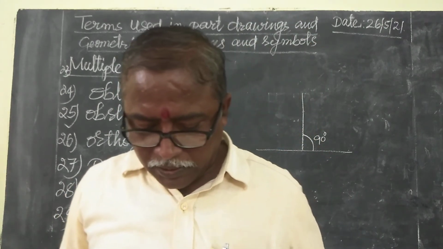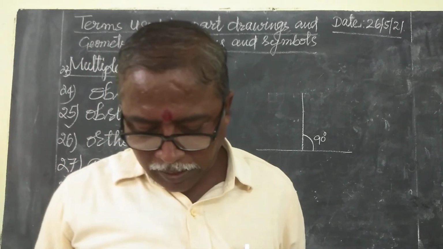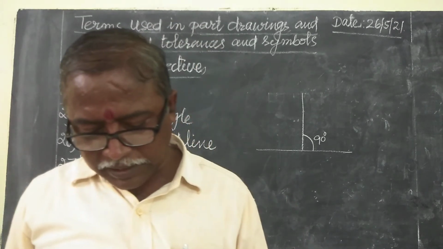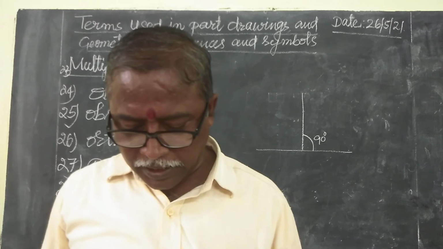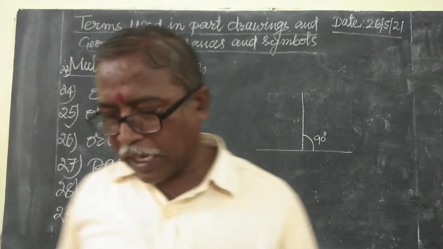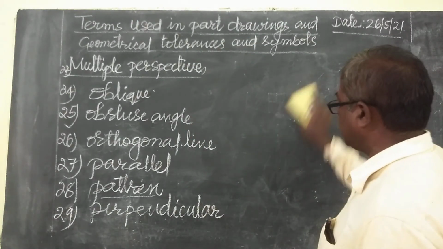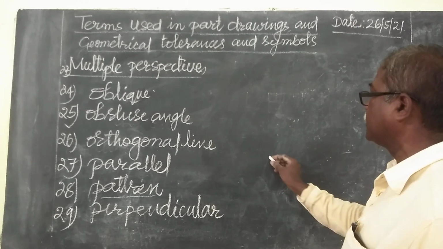Then next, perspective. A mathematical method of representing forms as they recede in the space, diminish in size using converging lines, that is a perspective you see here.